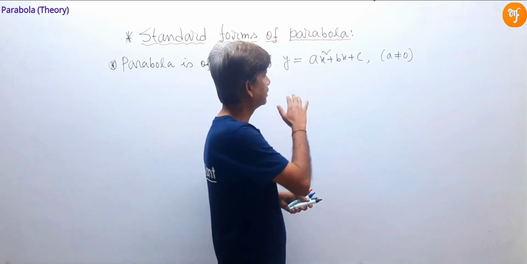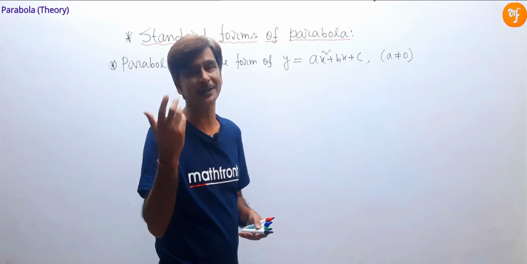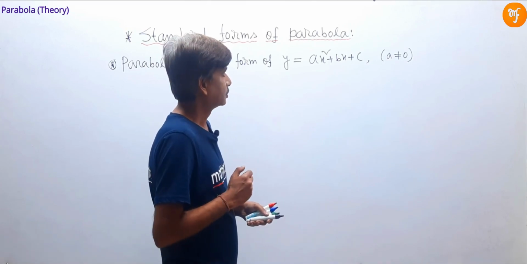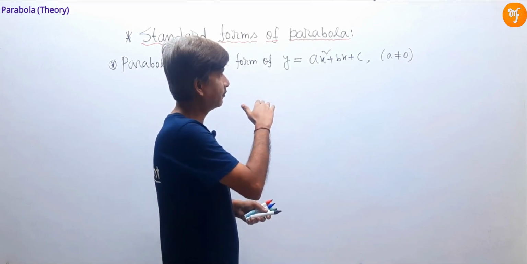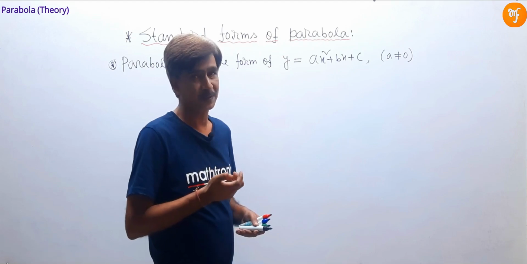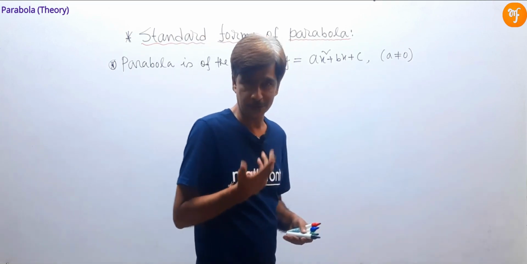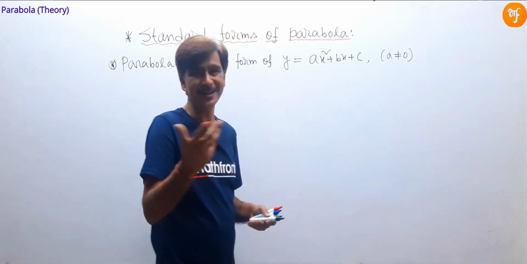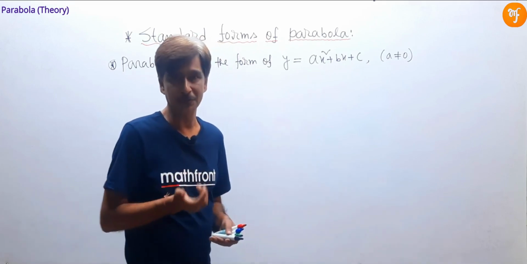And this form of parabola is very important to study the quadratic equation ax square plus bx plus c is equal to 0. Here we will discuss the different forms of the parabola y is equal to ax square plus bx plus c. And you must remember here a should not be equal to 0, because if a is equal to 0, then this equation will be a linear equation, nothing else. So that is why here a is not equal to 0.